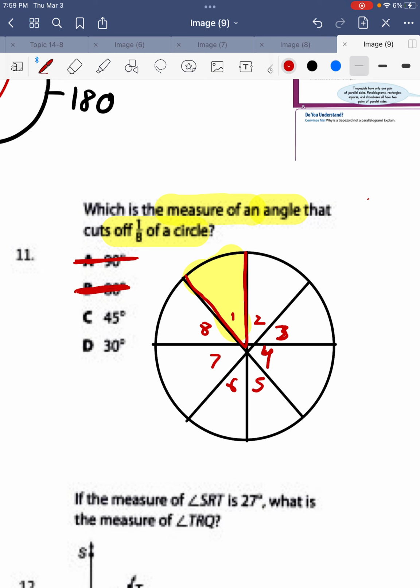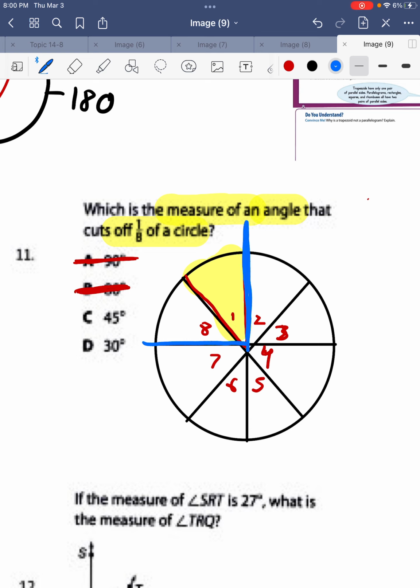So now I'm left with 45 and 30. Let me look around my angle. I can tell right now that I have a right angle right here.